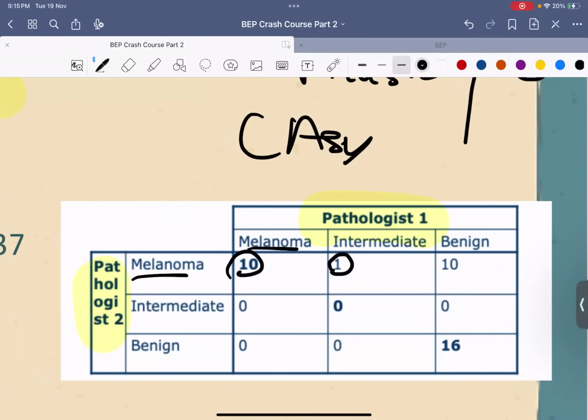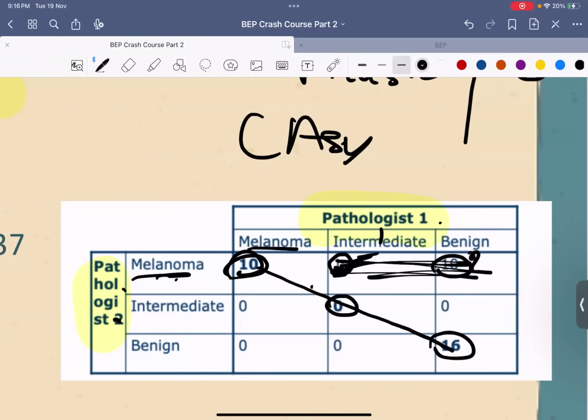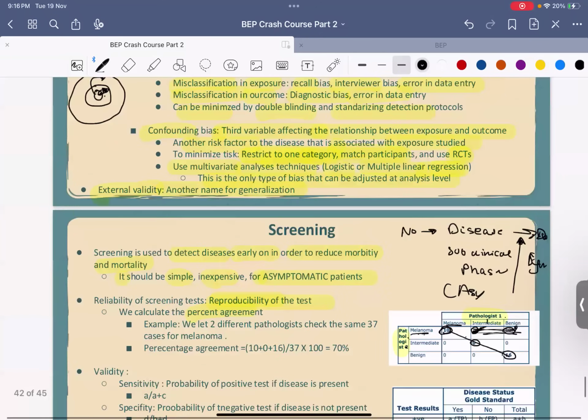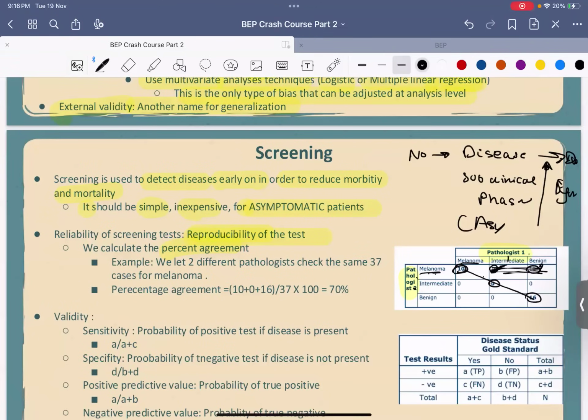For this patient, pathologist 2 said they have melanoma, but pathologist 1 said they have intermediate, not melanoma. And then for this one, pathologist 1 said it's benign, pathologist 2 said melanoma. So they didn't agree on these two, but they agreed on these 10, and that's the case for these three as well. So these three were the ones agreed on. We add them together, divide by the total, and see what percent they agreed. They agreed for 70% of the cases, so we say the reliability of this screening test is 70%.